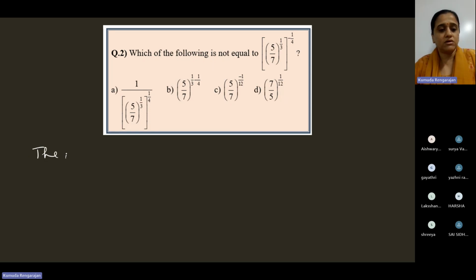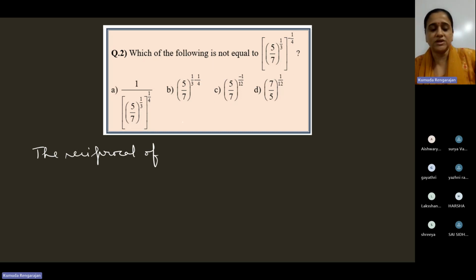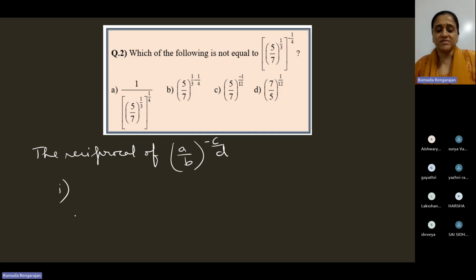So the reciprocal of, no, I'm not answering this one. We're just recalling the reciprocal of A by B, the whole power minus C by D. You can write it in two ways. If you write the base as it is, then write the negative of the power.